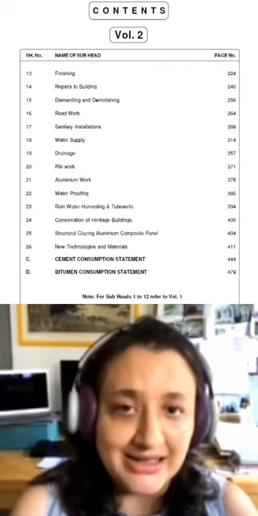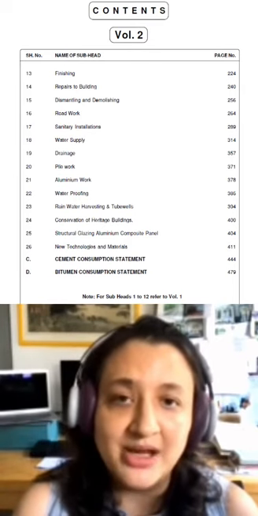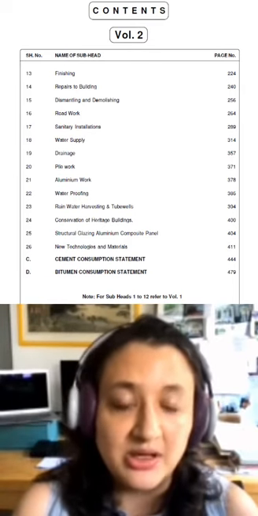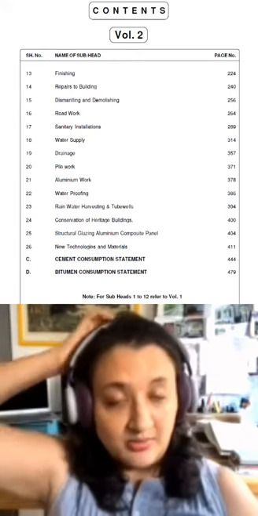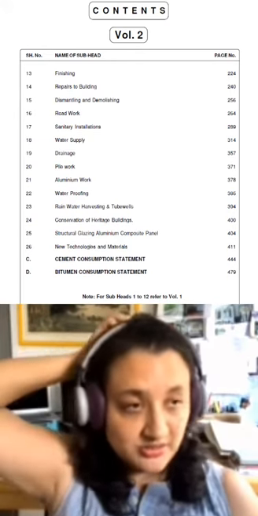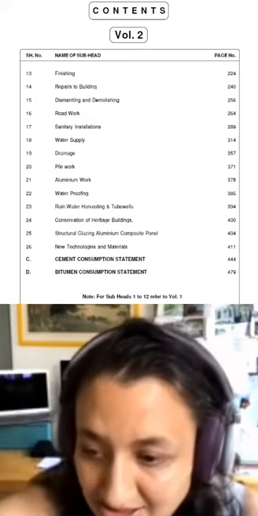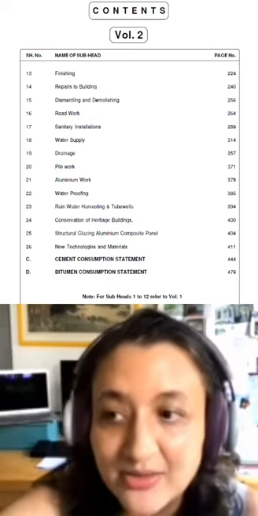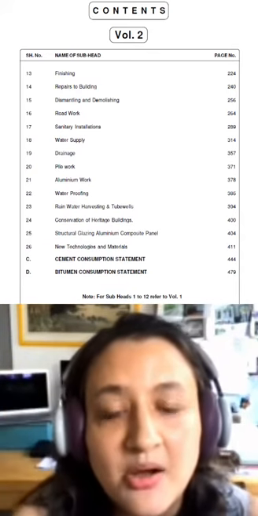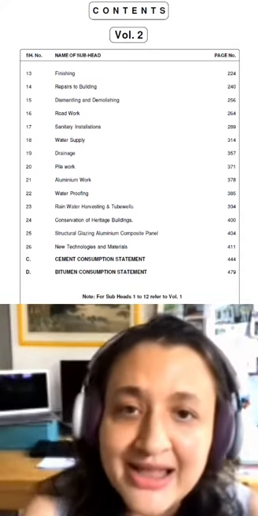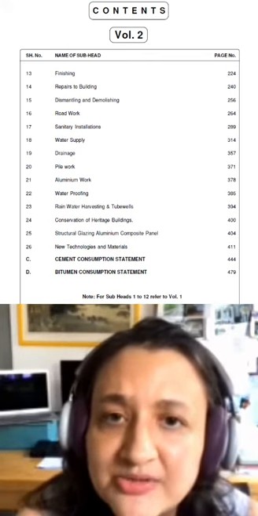It's fairly detailed, and there are several subheads for several items of work, and within that you will have specifications for several different smaller categories. Is there anything else that you want to talk about in terms of DSR?